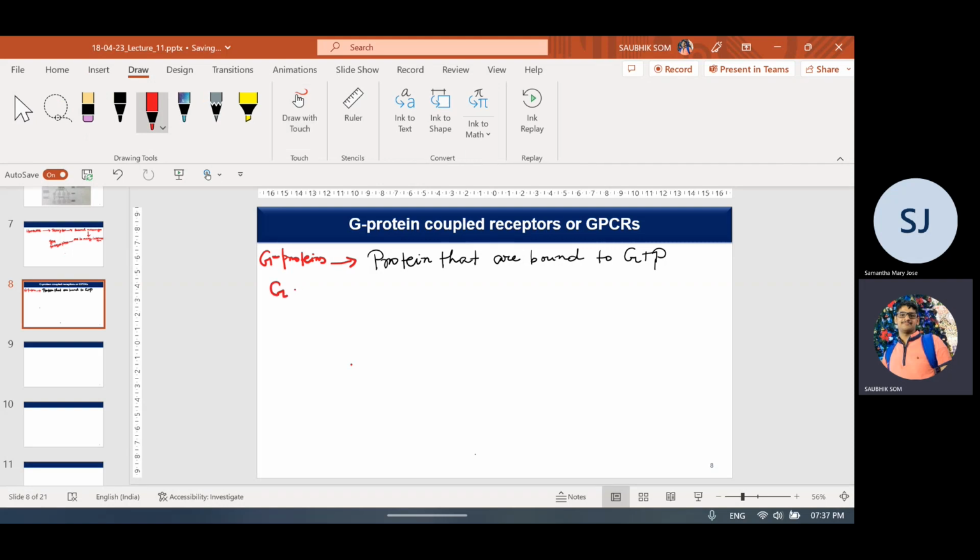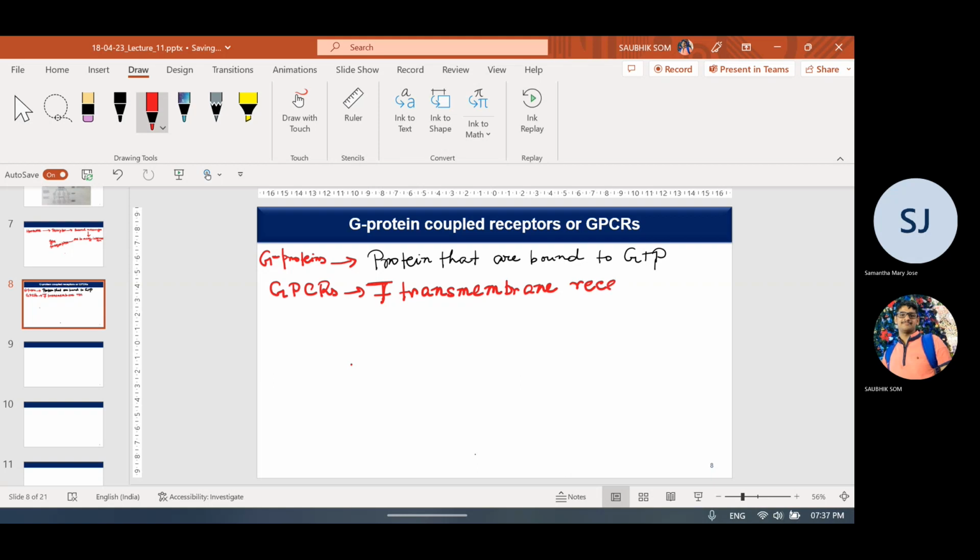So GPCRs are G protein coupled receptors. Now they are also known as 7 transmembrane receptors. Why is it called 7 transmembrane receptors?